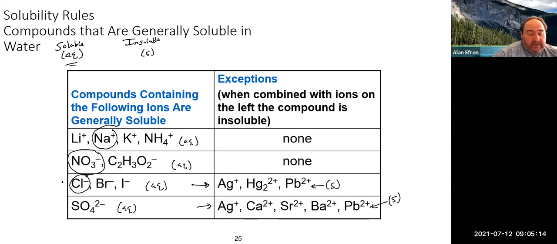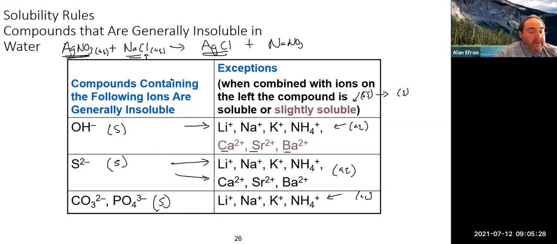Chloride is soluble in everything except silver, mercury, and lead. In this case we are dealing with silver and chloride together, which means chloride is typically soluble, but because of the silver, it's the opposite and becomes insoluble, and we would expect this to be the solid that formed.